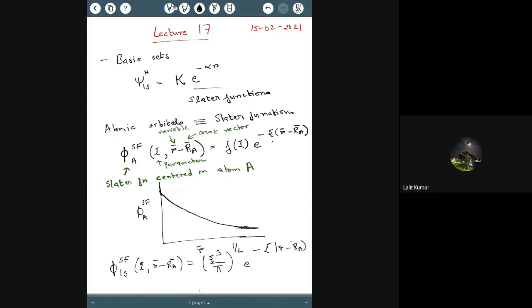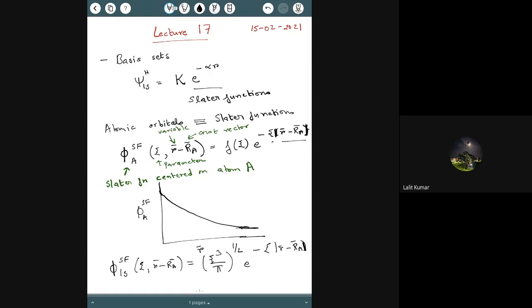Since this is always decaying, we put a modulus over here. So it depends on the distance from the atom A and not on the direction.